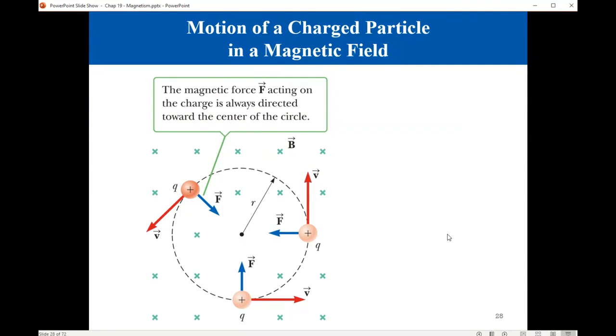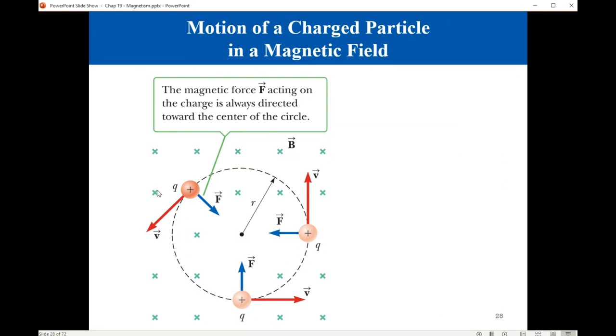This is how a positive charge will move in a magnetic field. In order to use one plane to sketch three directions, we use this notation.